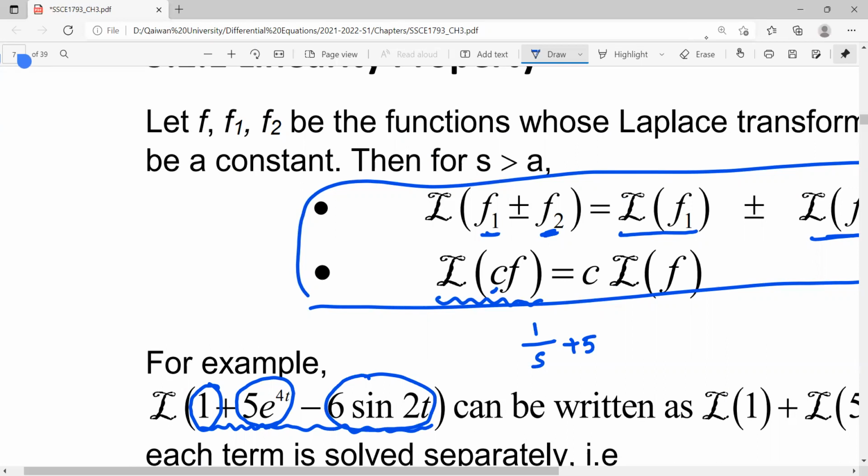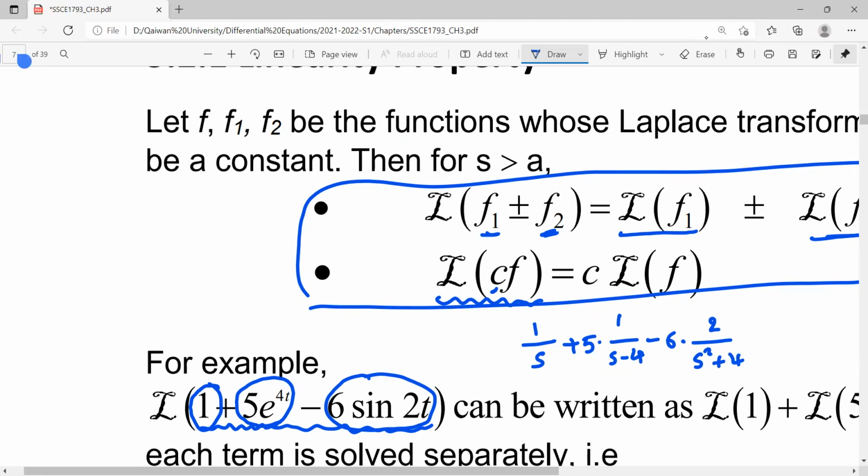The Laplace transform of e to the power 4t is 5 times 1 divided by s minus 4, minus 6 times the Laplace transform of sine 2t. The Laplace transform of sine 2t is 2 divided by s squared plus a squared. A here is 2, which is 4.